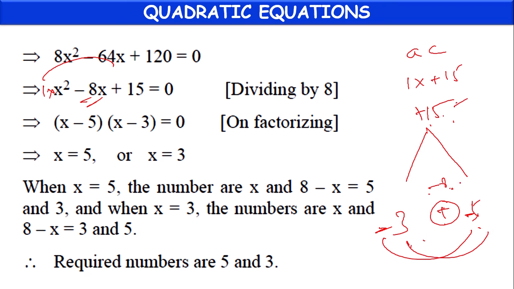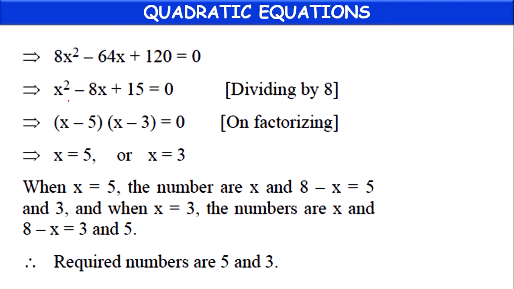Product is 15, sum is minus 8. So we can split the middle term. X square minus 8x plus 15 equal to 0 becomes x square minus 5x minus 3x plus 15 equal to 0.